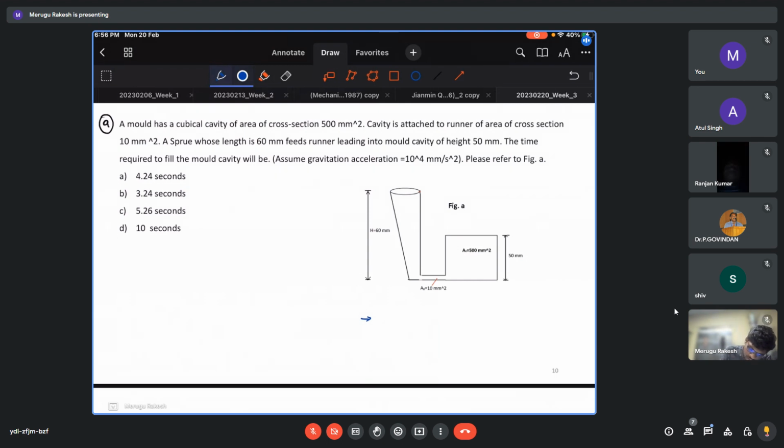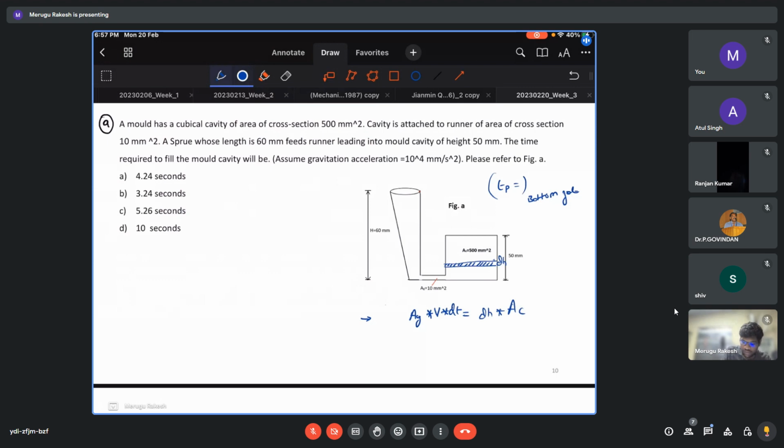Here we just take a strip. I'll just briefly explain how we get this formula for bottom pouring filling time for bottom gate. So we'll take a small strip of dh multiplied by area of the casting Ac, which will be equal to the area of the gate into velocity multiplied by time dt.